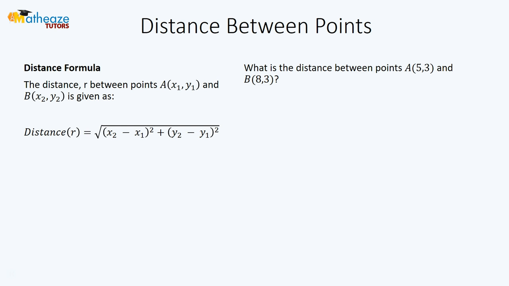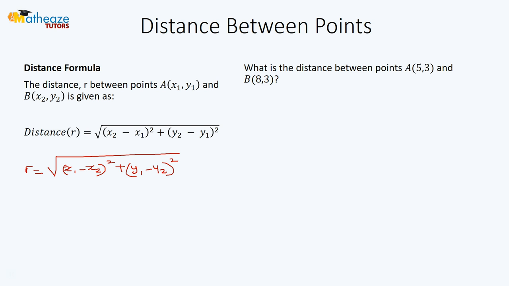Also, because you have a square, you can also write it this way: the square root of (x1 minus x2) squared plus (y1 minus y2) squared for the distance. So we're going to apply that to a few problems just to show how this works.